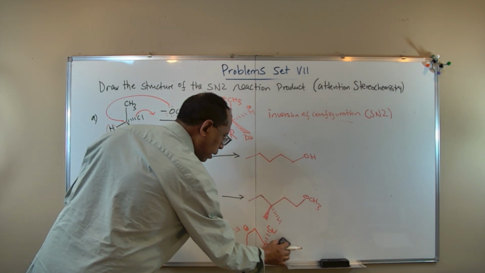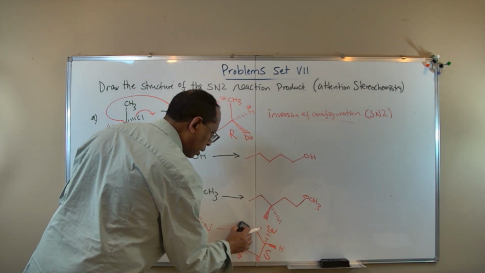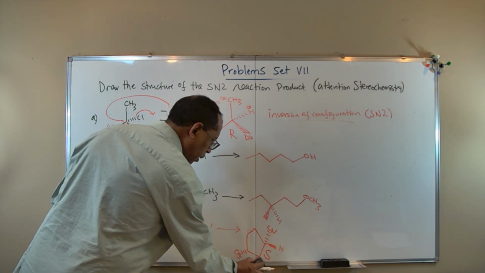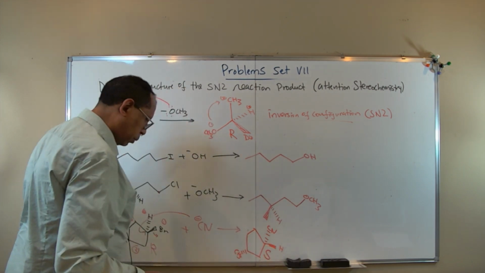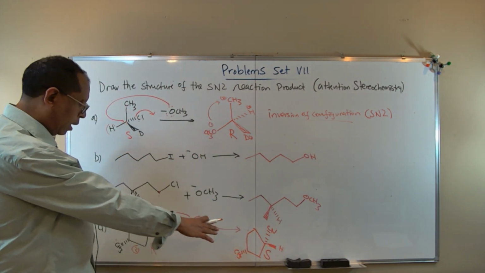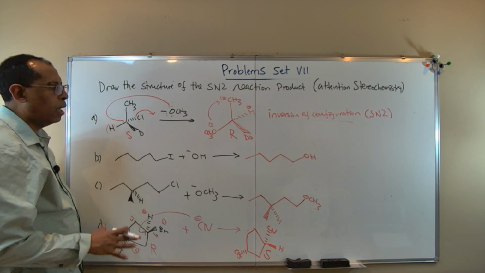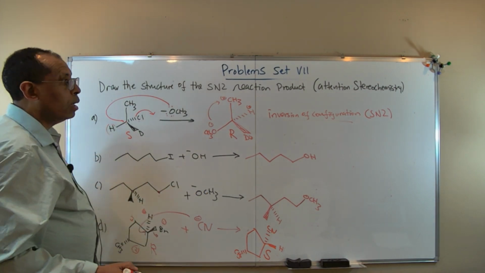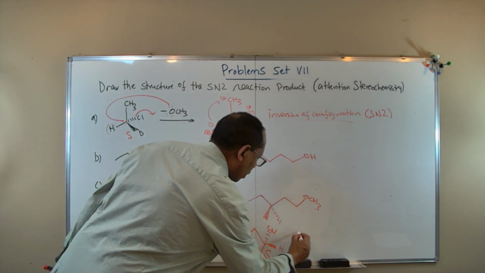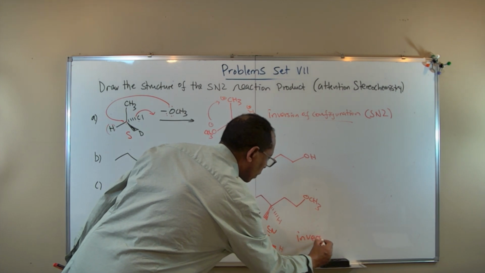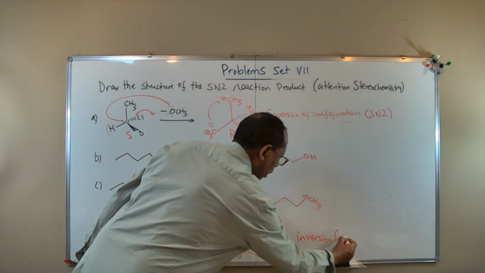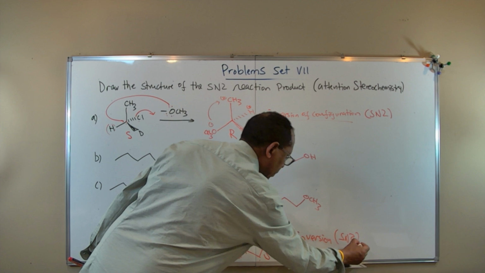So remember the assignment, that's something we have done a long time ago, and you need to remember how to do that. So that is an S, you started with R. After substitution there is inversion of configuration for an SN2 reaction.